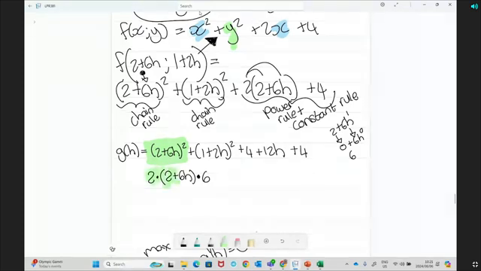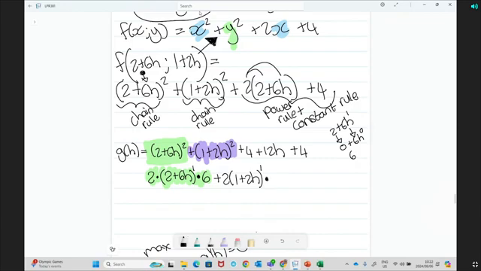Then for the next one, that's a plus in front. You take your power and multiply it in front, so it's plus 2. Then the inside bracket stays as is. Subtract 1 from the power; I just forgot to write it there.